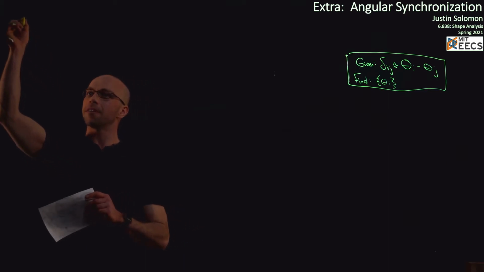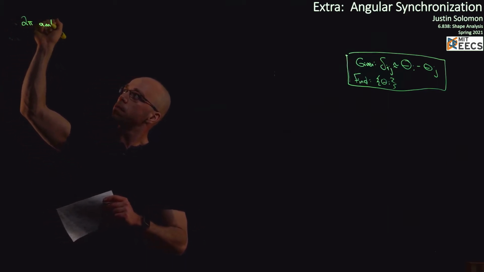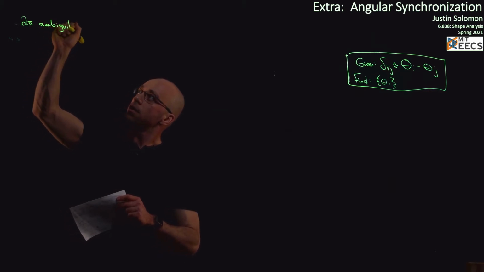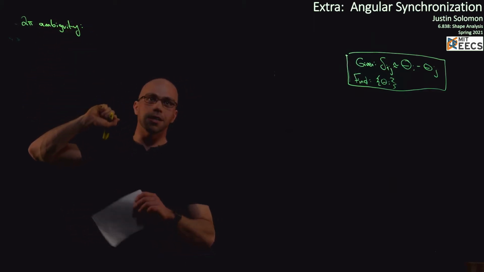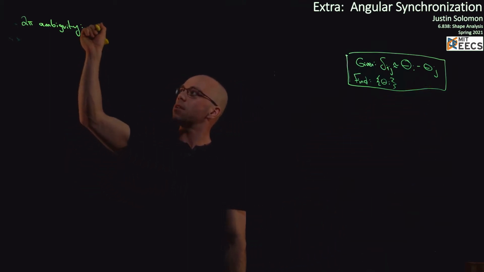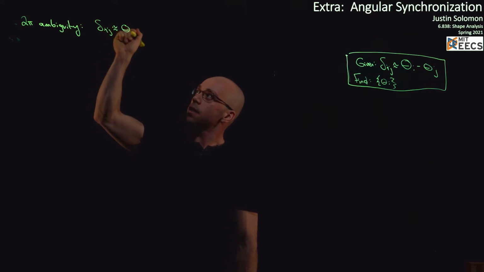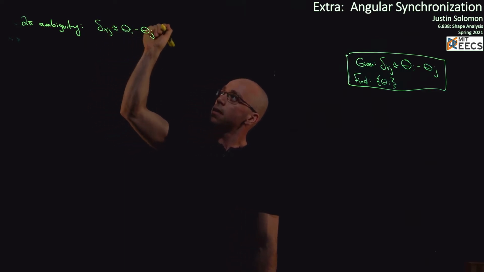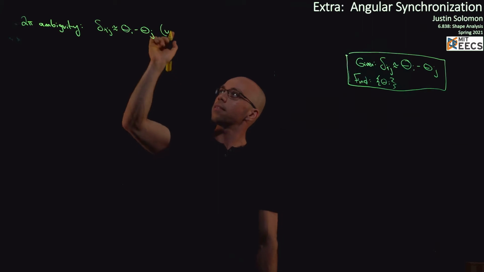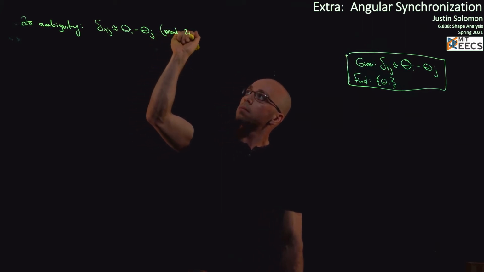So we might call this the 2 pi ambiguity, which is to say that we don't really know delta ij as an approximation of theta i minus theta j. The best that we can hope for is that we know delta ij is approximately theta i minus theta j up to, I guess if we're going to be grown-ups, maybe we say modulo 2 pi, right?